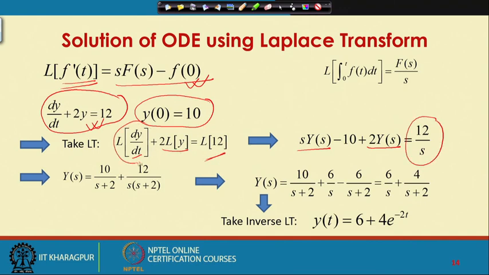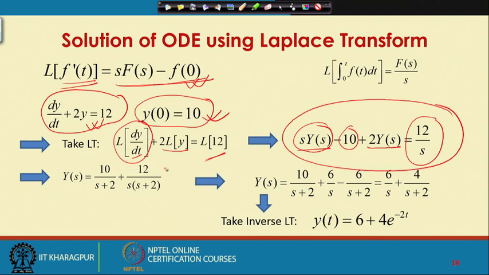The Laplace transformation of dy dt is s F(s) minus f 0. So, this is s Y(s) and this is y 0, which is 10. I rearrange this to get this, which can be further written as this.